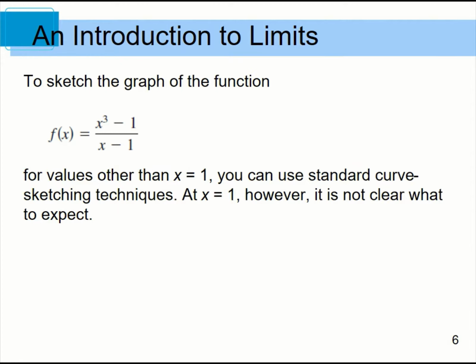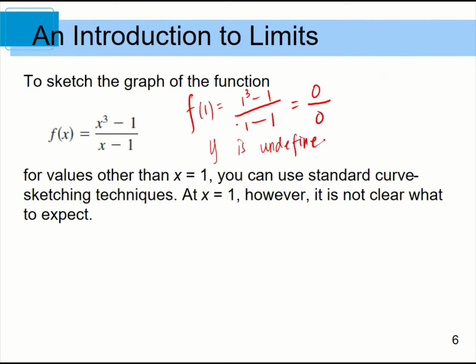From this function here, what happens if x is 1? If x is 1, we substitute 1 into the function, and we will get 0 over 0. So from here we know that y is undefined.